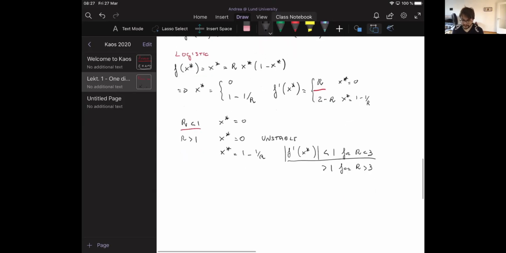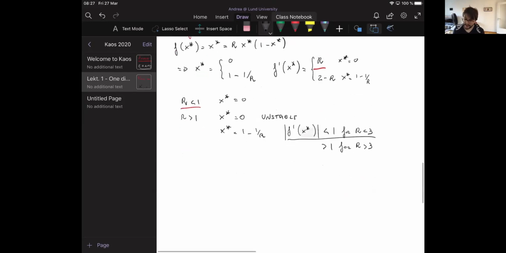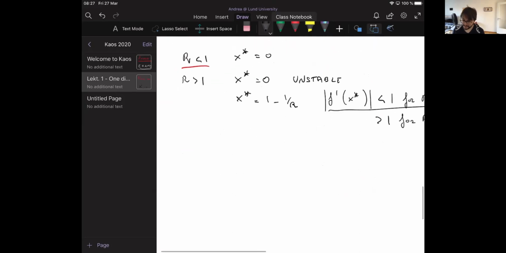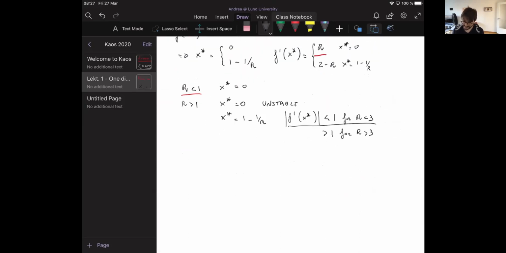So if I don't have fixed points, how will the system act? And one way to discover how the system will act in this case, where I cannot find easy fixed points, is this. Of course, I still have the fixed point in 0 for every return map, for every value of R, but this does not help my analytical and predictive power much, because I don't want to understand the very trivial situation where nothing happens.